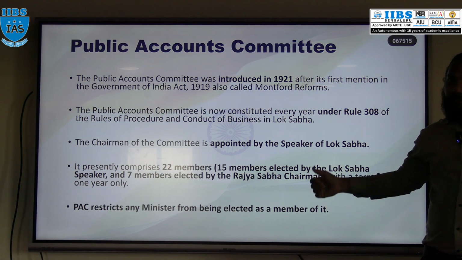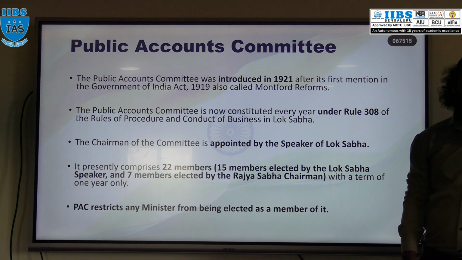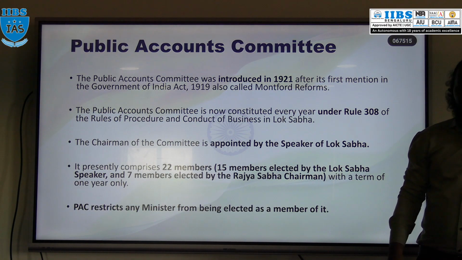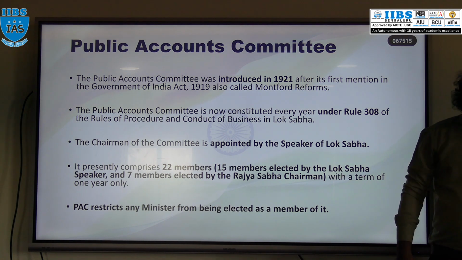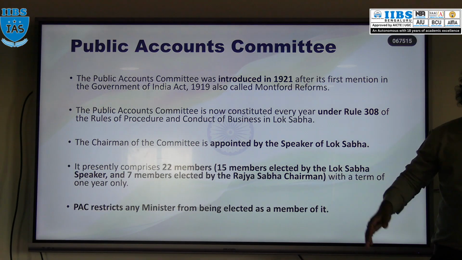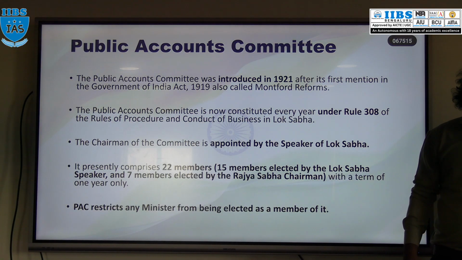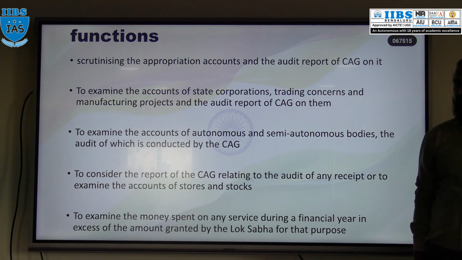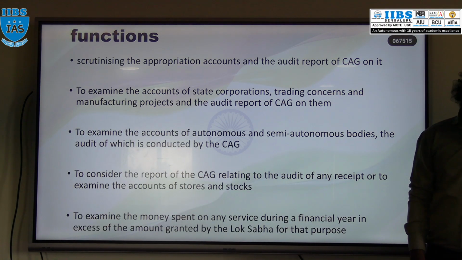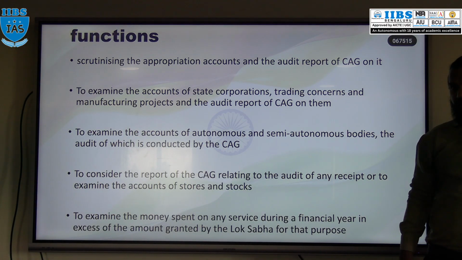A minister cannot be a member of this committee; they are not eligible. Same as the standing committee we discussed, where also a minister cannot be a member. Now, what are the functions of this committee? This is very, very important.